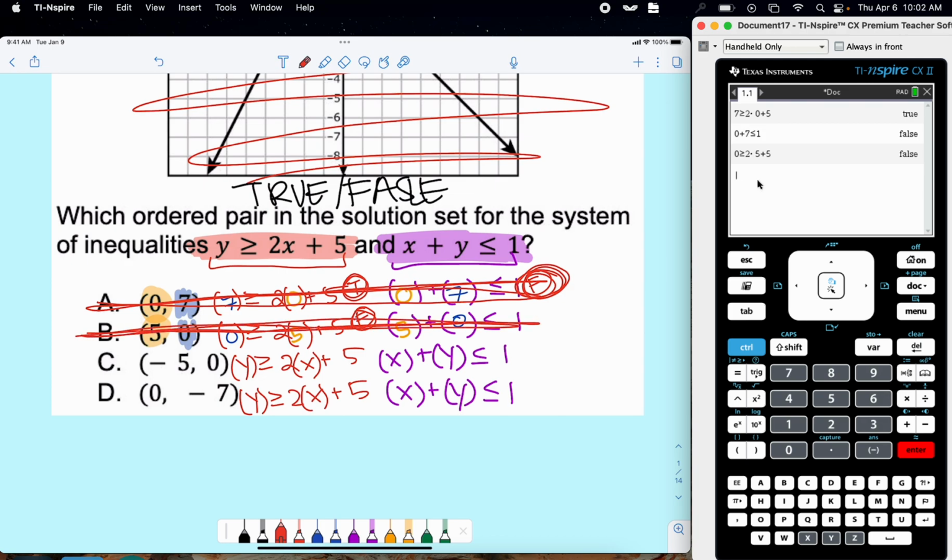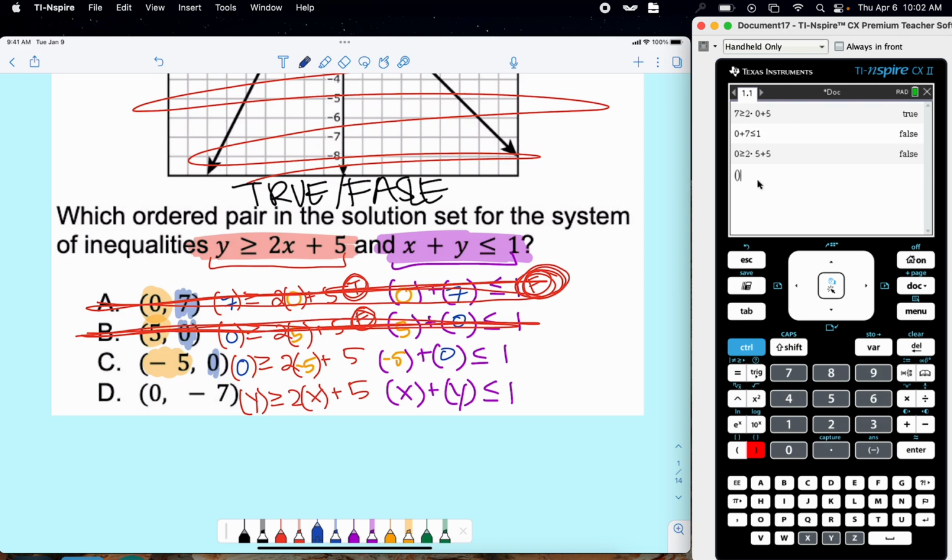So let's try C. My x is negative 5. So anywhere I see x, I'm going to put negative 5. My y is 0. So anywhere I see a y, I'm going to put a 0. My bad. So let's try the first one.